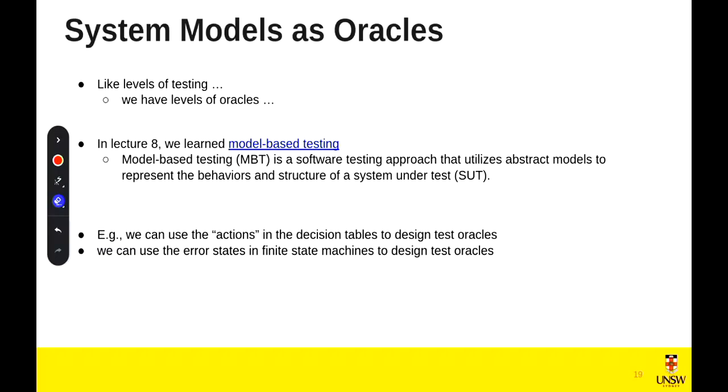For example, we can use the actions in the decision table to design test oracles. So we can check whether the actual output of the system matches the action in the decision table. So this is quite obvious. And if we model the entire system as a finite state machine, we can also try to use the error states to check if the program runs into some errors or not.